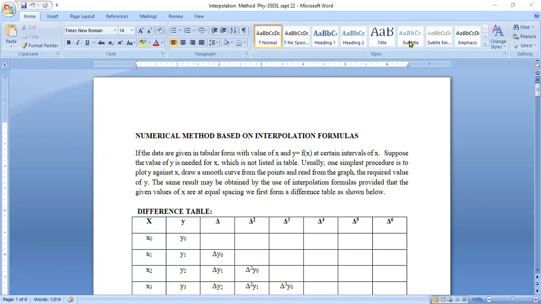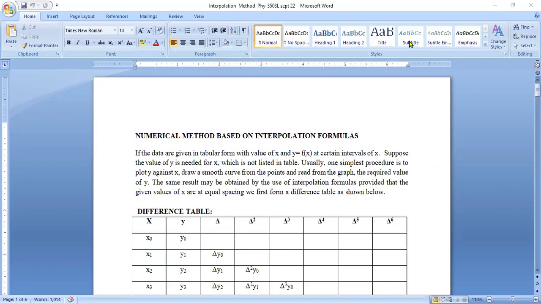You have to perform one experiment which is based on the interpolation formula. Basically, this is a computational exercise. I would say it's a numerical exercise which you have to perform with the help of ordinary calculators, or you can use an Excel sheet.